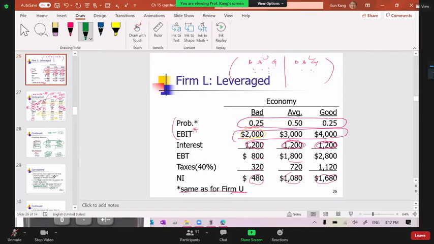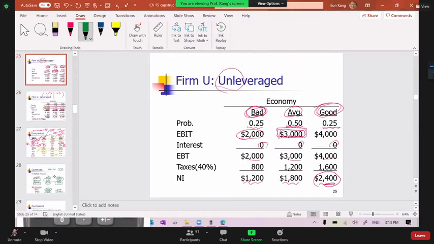Look at this: when your EBIT is only 2,000, net income is only 480, which is actually less than the unlevered company.